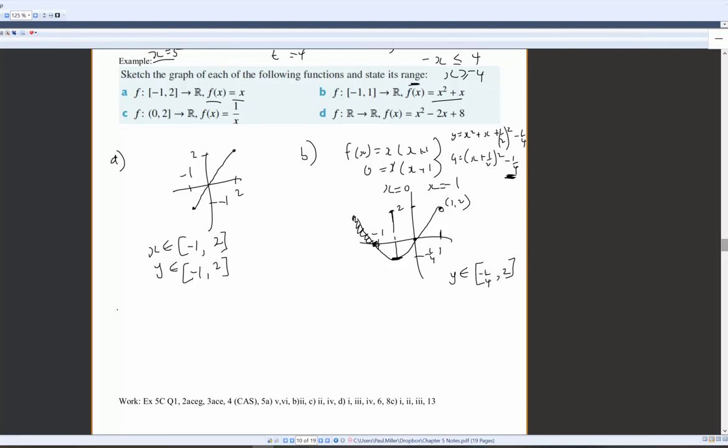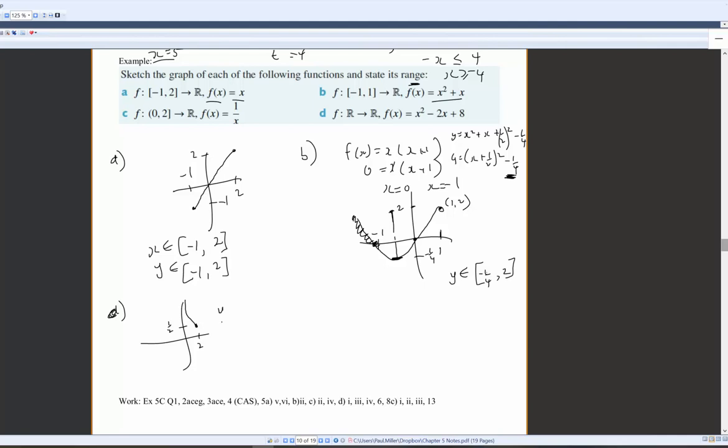Okay, for D, C, I missed that one. For this hyperbola, it's from 0, not including 0, up to 2. So it's going to be asymptotic, and when I put 2 into it, it's going to be a half.